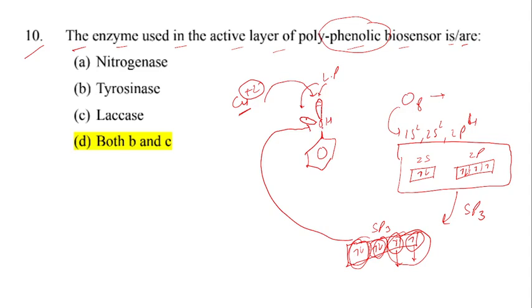So oxygen will pull electron from this side, and this side will become a little electron deficient, or you can say the active side. That's why this side will oxidize first.